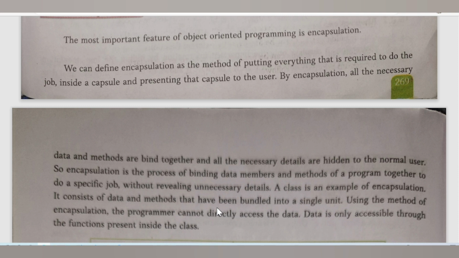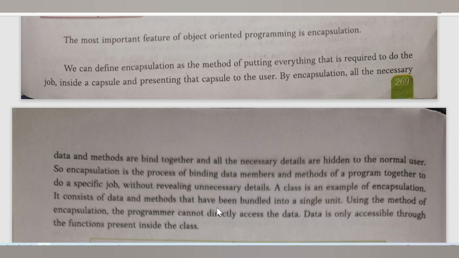So encapsulation is the process of binding data members and methods of a program together to make an object. It is the method to bind data members and methods of a program together without revealing unnecessary details.